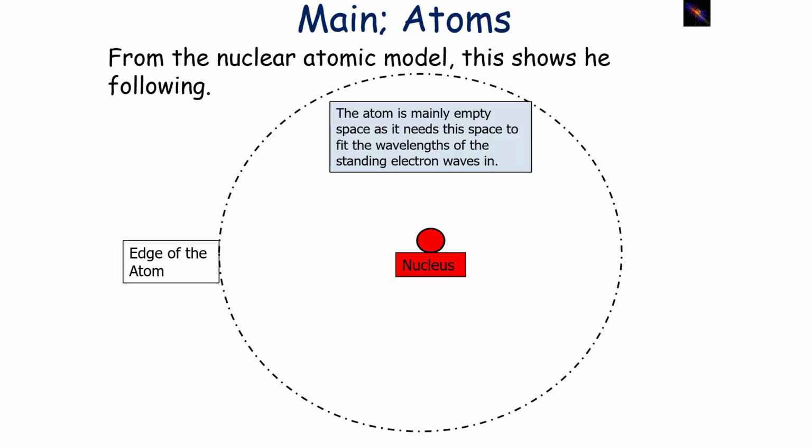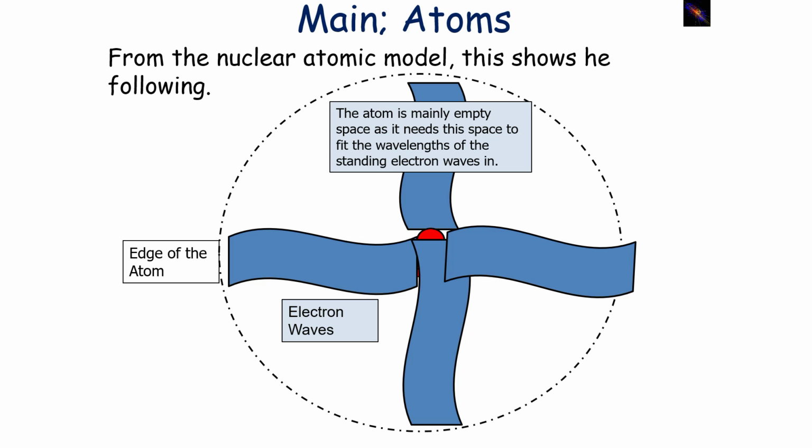Now, from the nuclear atomic model, we can then understand why the atom is mostly empty space, because the atom is mostly empty space to fit the wavelengths of the standing electron waves in there. So the atom is mainly empty space because the electrons exist in waves around the nucleus, not as particles, and we need this space to fit in our wave.